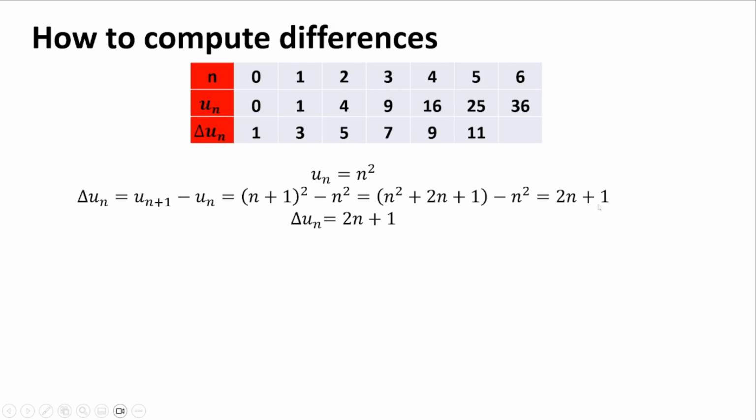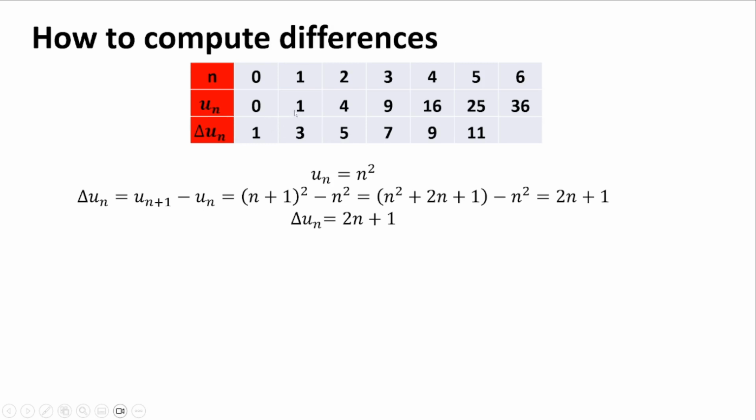This is very similar to the derivative, but we have a positive one increase that we don't have in continuous calculus. In continuous calculus, the derivative of x squared is 2x, while here it is 2n plus 1, which we can see here from the table 0, 1, 4, 9, 16.